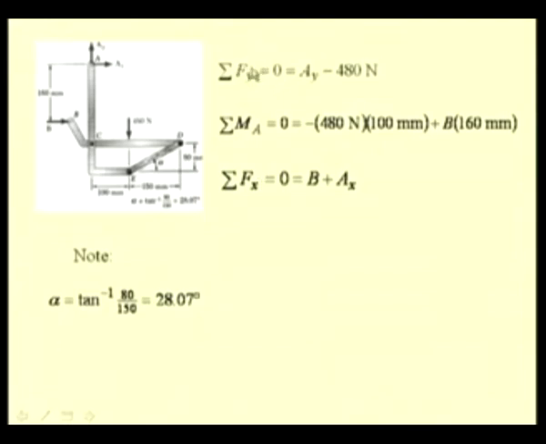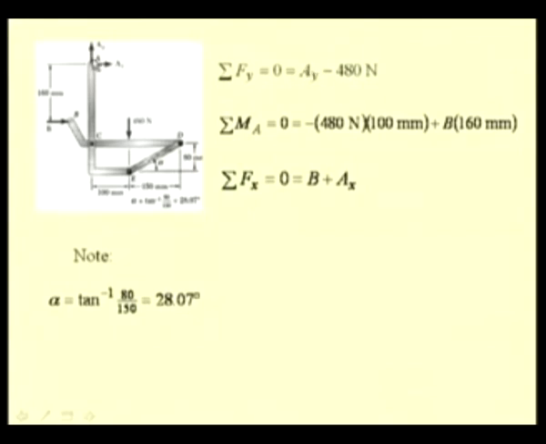The force summation about the y axis, when equated to 0, predicts the force AY, because we have AY, the vertical component of reaction at A, and the 480 Newton which is downwards, so AY minus 480 Newton equated to 0 can be used to find the force AY.